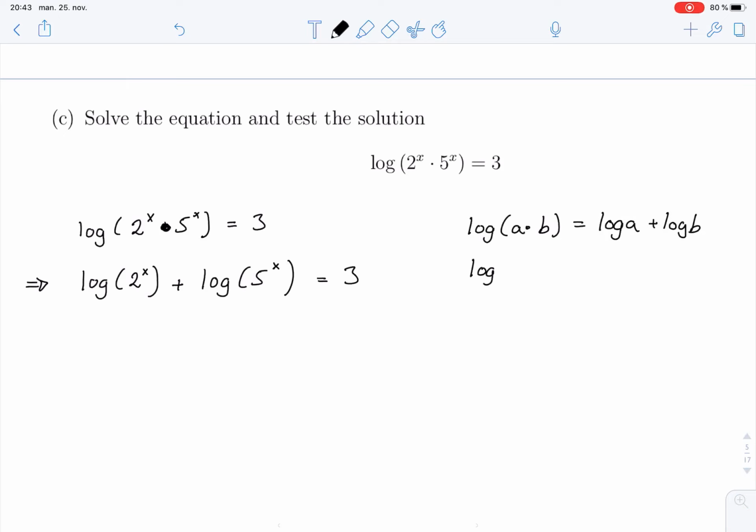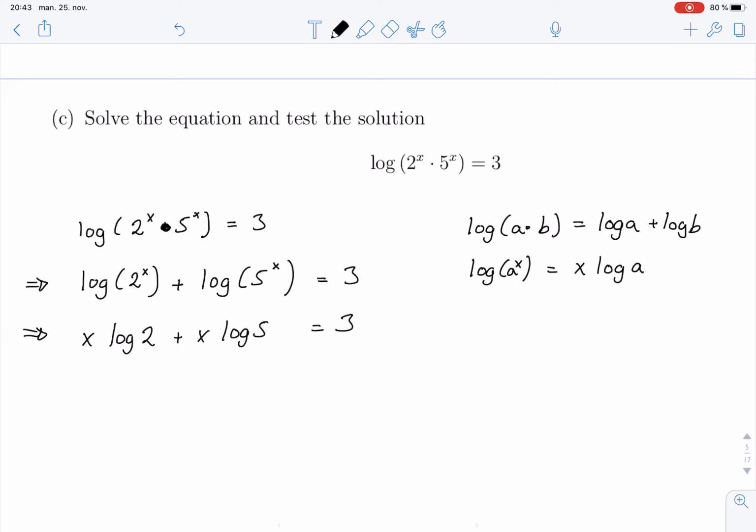Also, if we have a logarithm to a to the x, we can put the x in front. And that's what we're doing in the next line here. So we put x logarithm to 2 plus x logarithm to 5.